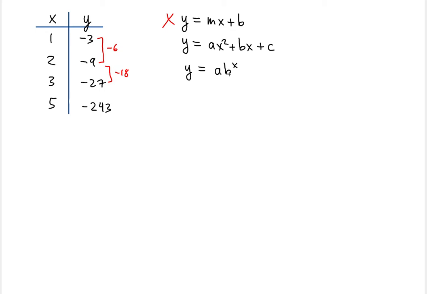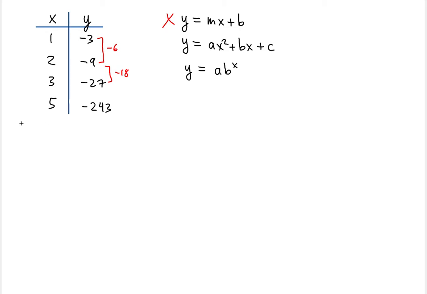Basically, the factor is responsible for transforming the negative 3 into negative 9. And the same factor b will be responsible for transforming negative 9 into negative 27. And b, that factor, will be multiplied to each number to give you the next number, right? So let's find the b and test it for the subsequent pairs of numbers.